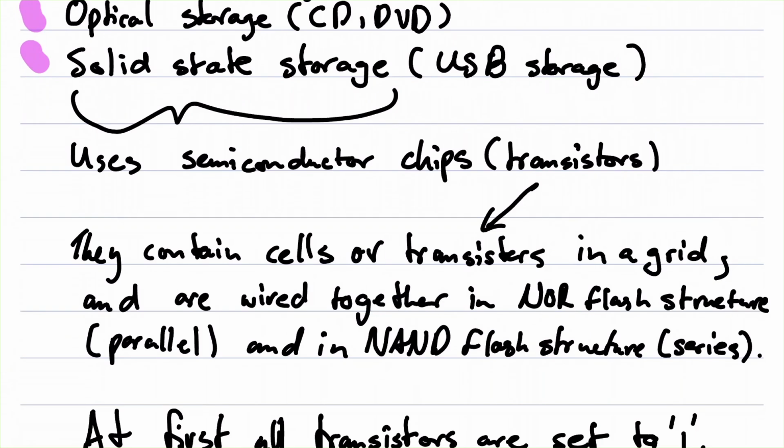So an OR gate would look something like this, and then you'd have a NOT gate at the end of it. Generally speaking, we would just draw it like that. That would be a NOR gate. A NAND gate, we draw with a straight line and a NOT at the end. Later on, I'll explain exactly how those gates work for those who haven't done NOR and NAND gates yet.